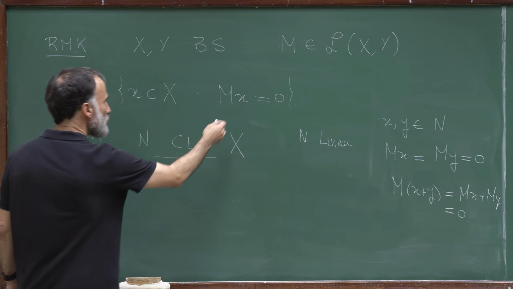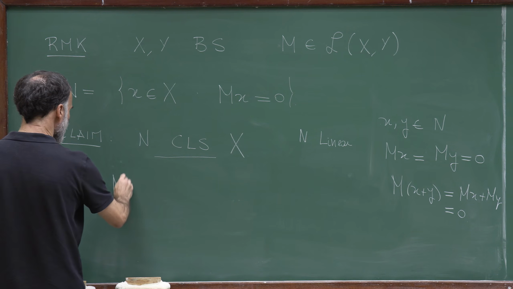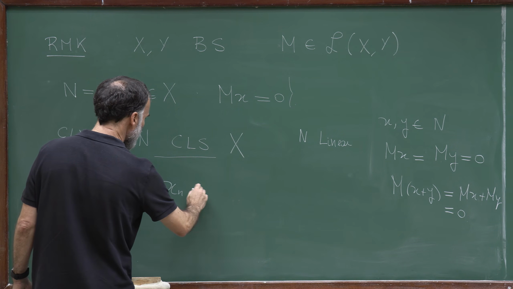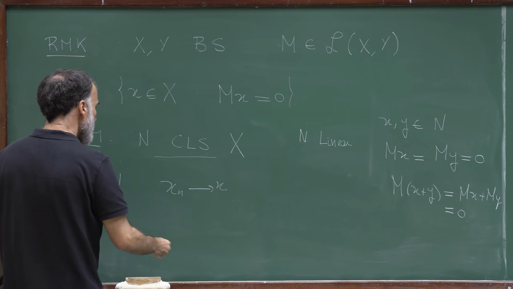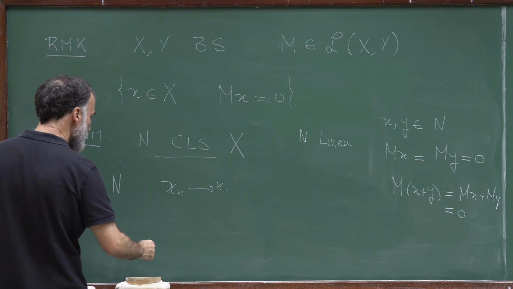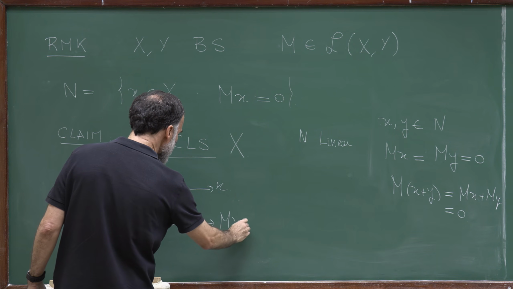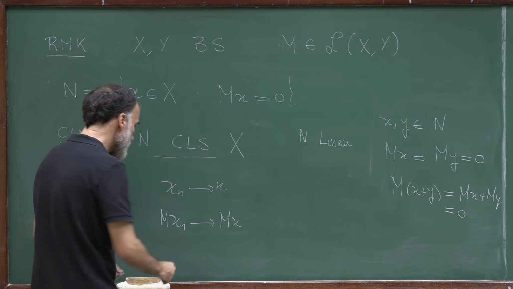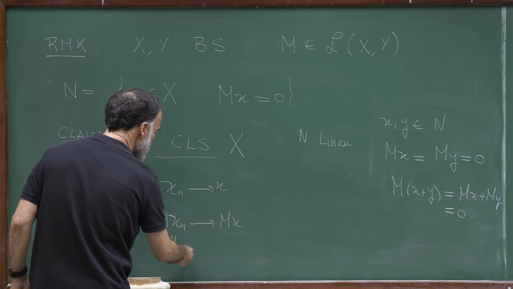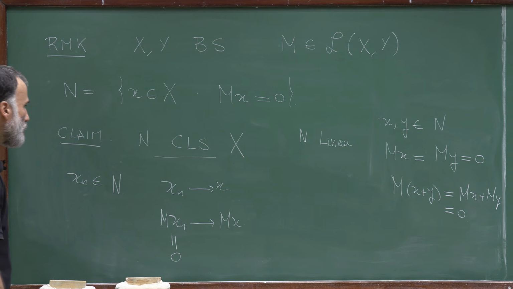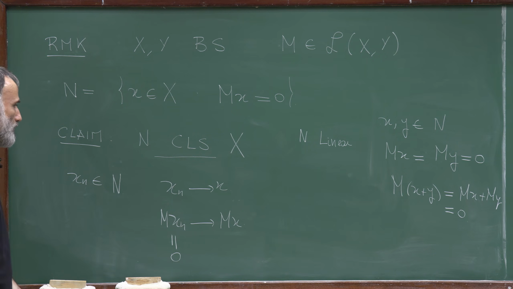And the fact that it's closed is also very simple. Say that you have a sequence xn in N, xn converging to x. You want to prove that x belongs to N, but since M is a bounded linear operator, it is continuous. This means that M of xn converges to M of x. And since xn belongs to the null space of M, this is 0, and that proves that M of x is equal to 0, which proves that x belongs to N, so that indeed N is a closed space.